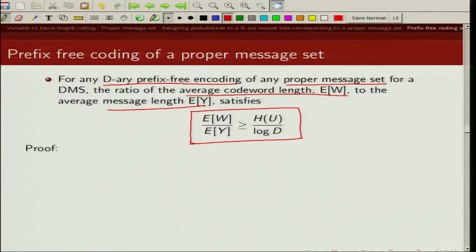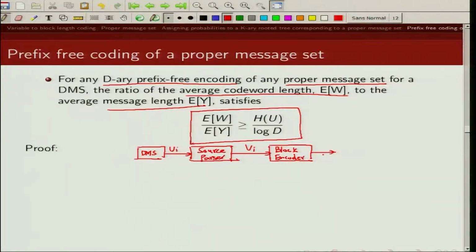Again, let me clarify the scheme that we are looking at. We have a discrete memoryless source which is spitting out these Ui's. I am using a source parser, a proper message set, to parse my sequence. I get my Vi's here. Now this is passed through a block encoder. What the block encoder does is a one-to-one mapping of these Vi's to a fixed block length code.